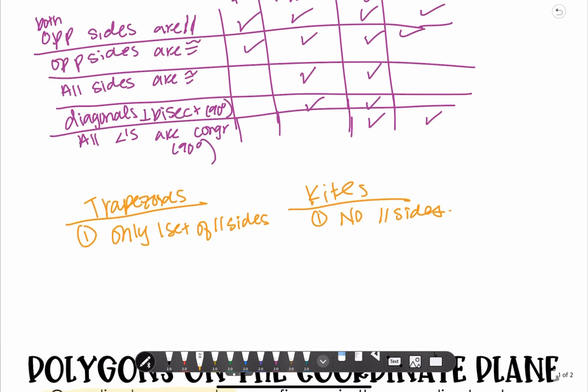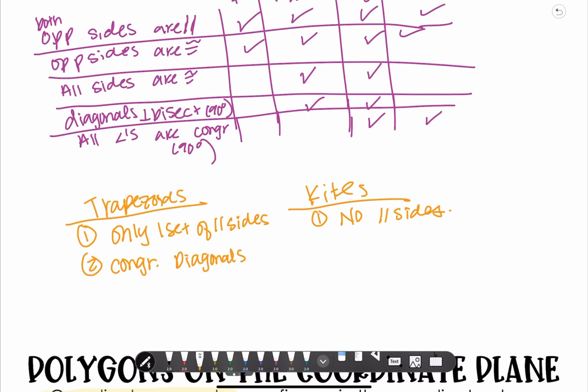Okay, so then to differentiate, if you haven't figured that part out yet, or you're trying to figure out if it could be in one of the other shapes, then you also want to confirm that you have congruent diagonals on a trapezoid. This is the way you would set it up.